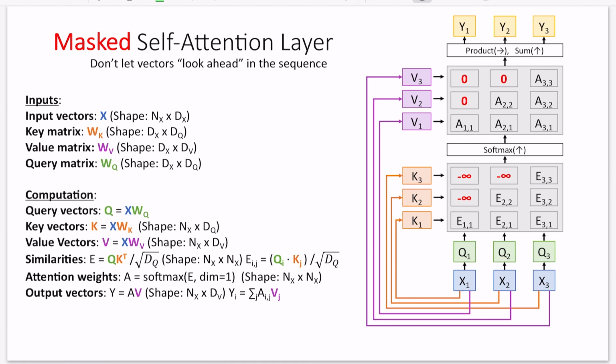Another variant of self-attention is the masked self-attention layer. Masked self-attention means that in many cases we don't want the vectors to look ahead in the sequence.